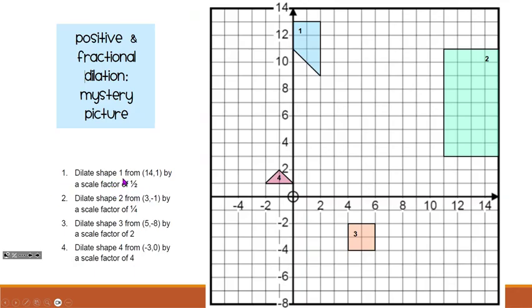This says dilate shape number 1 from 14, 1. So rather than our target, I'm going to call this the target or our center of dilation. Rather than it being at 0, 0, it's now moved to 14, 1. So this is the center of dilation right here. It says by a scale factor of 1/2.